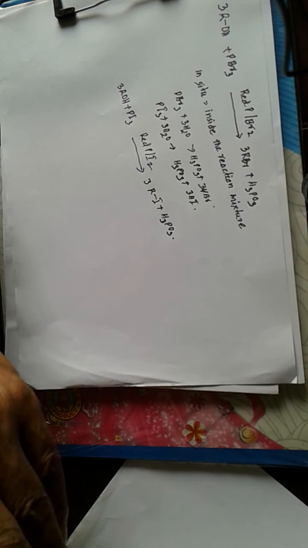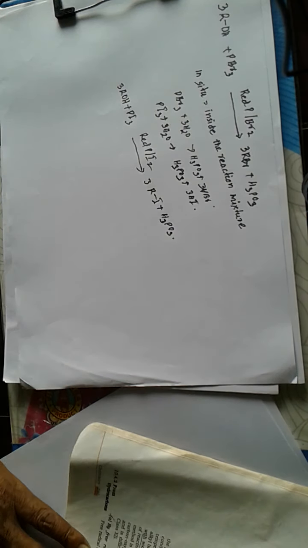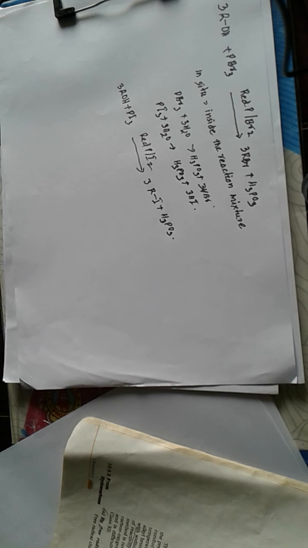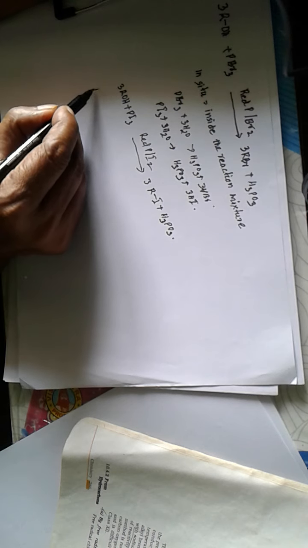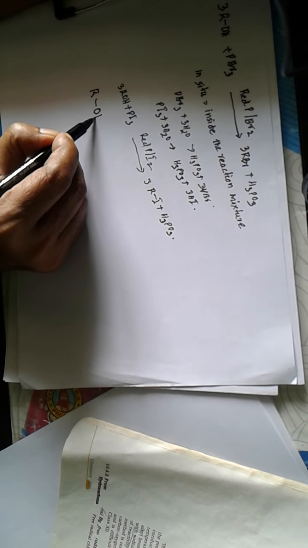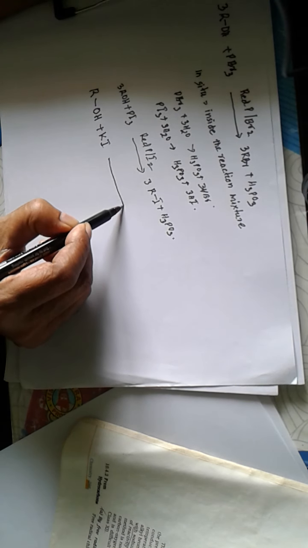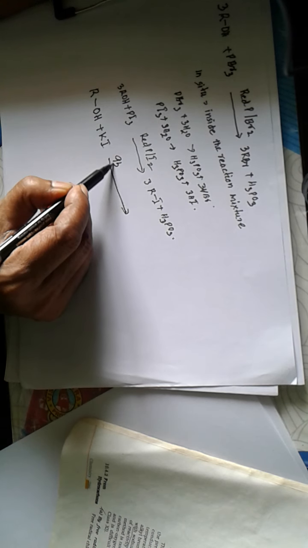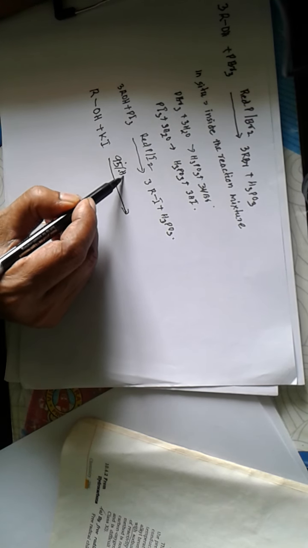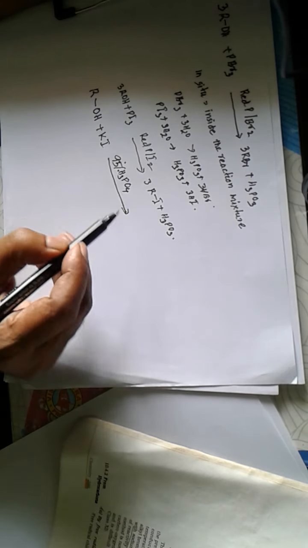Now iodides are also prepared by the reaction between alcohols and potassium or sodium iodide in 95% phosphoric acid. So alcohol is reacted with potassium iodide in 95% H3PO4, phosphoric acid.